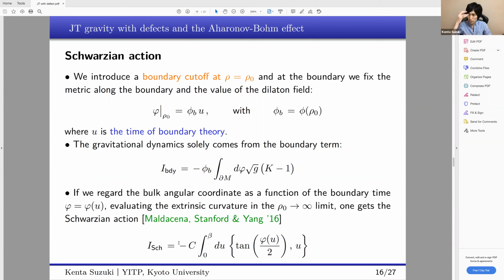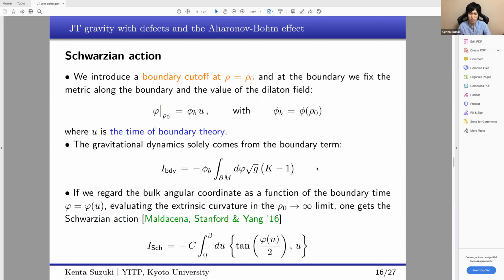And in the paper, we also discussed a dimensional reduction. So probably you know that standard JT gravity can be obtained from a rotating BTZ black hole or near-extremal BTZ black hole.